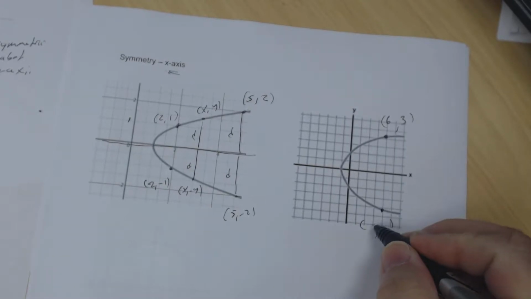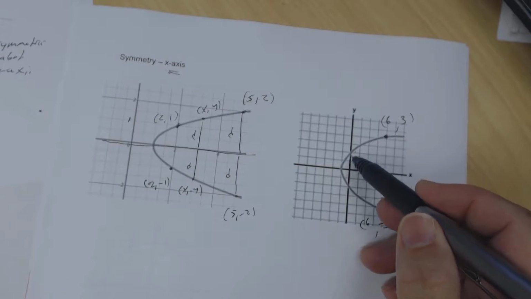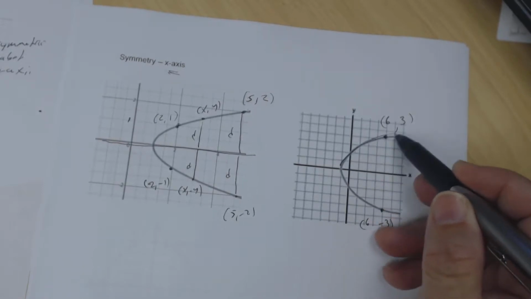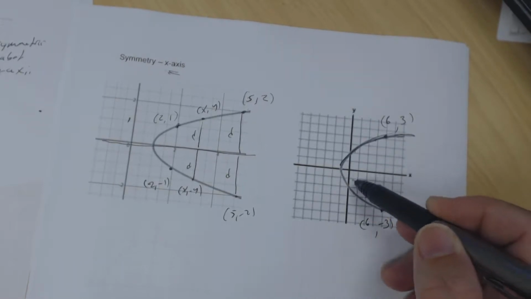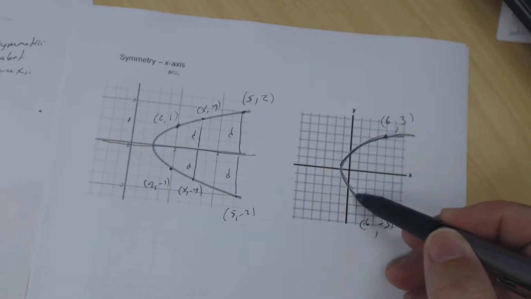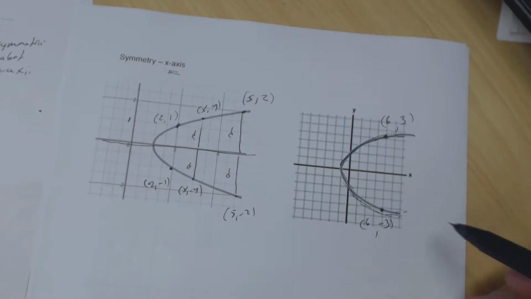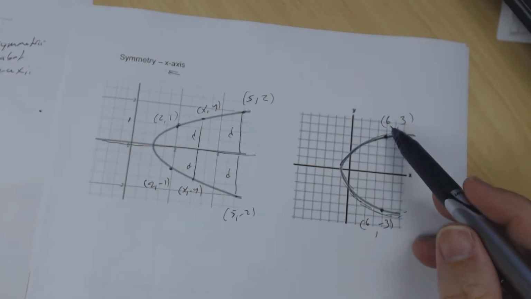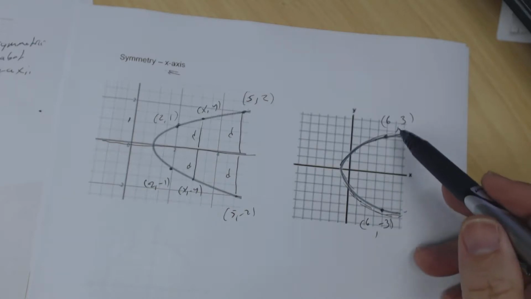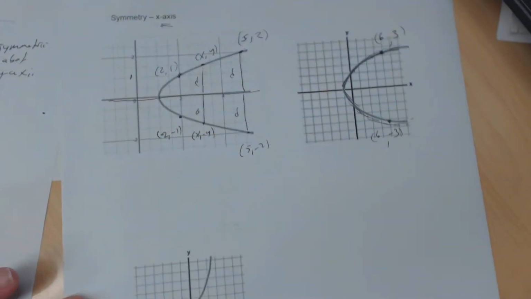Well, this point has to be 6 comma negative 3. So notice every point on this part of the graph, if I reflect it about the x-axis, then its reflection is going to be on this part of the graph. Notice that the x-coordinates stay the same, the y-coordinates are opposites. So that's symmetry about the x-axis.